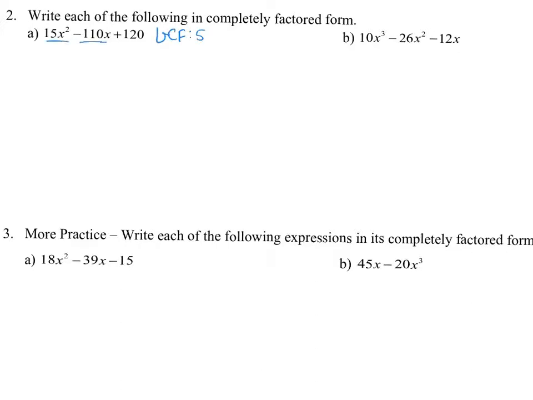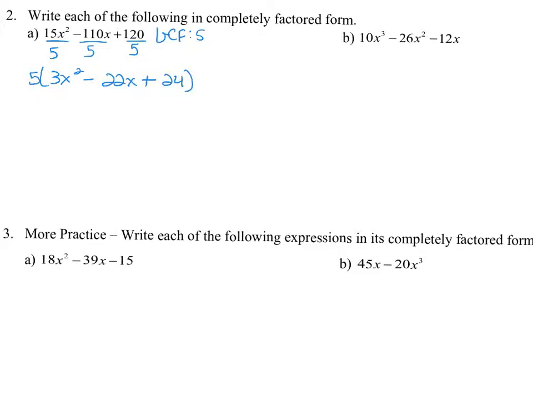Divide everything by 5. Put my 5 out front. So I have 3x minus 22, I think, but I'm going to double check. Yep. And that is 24.